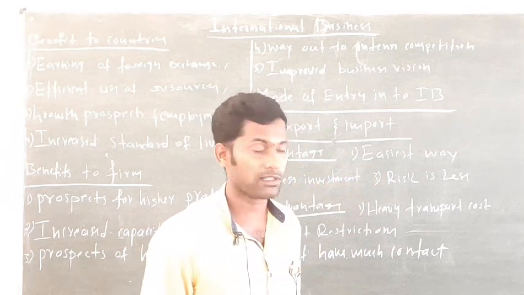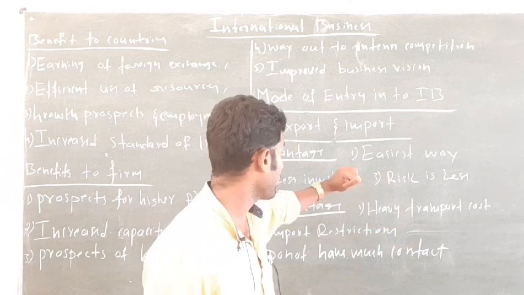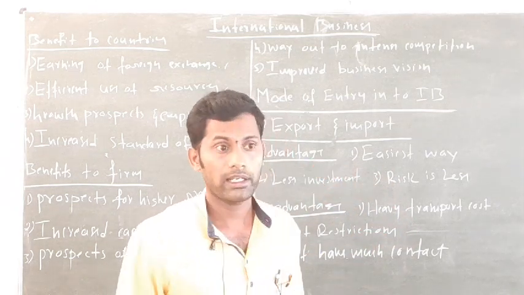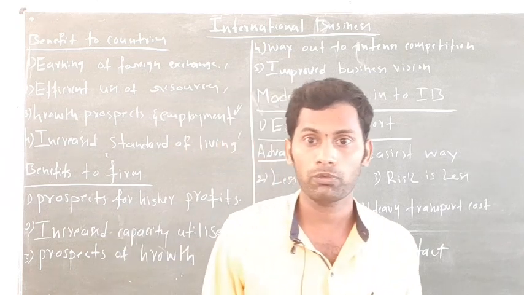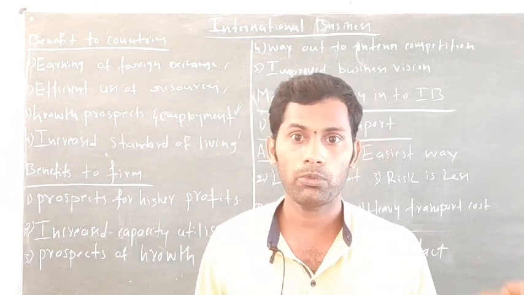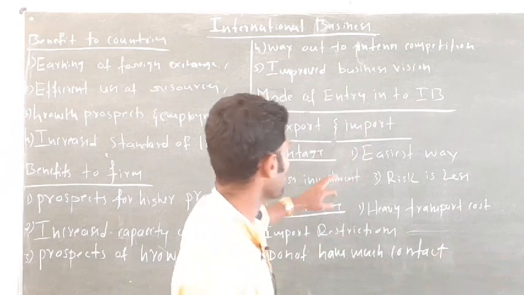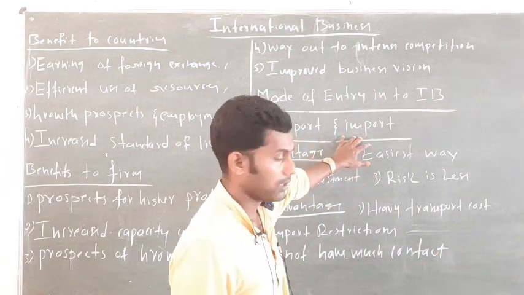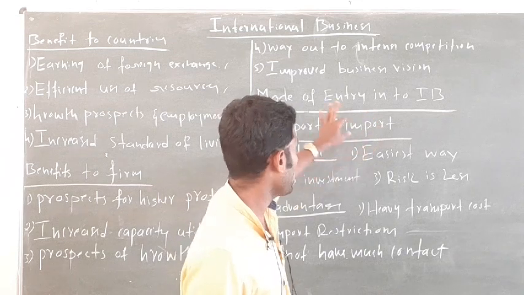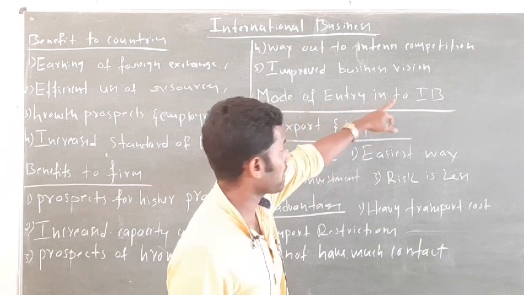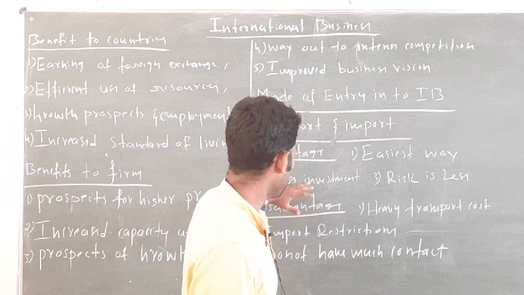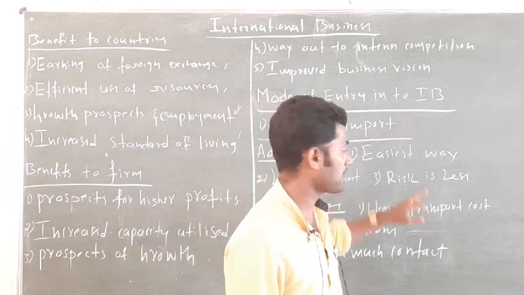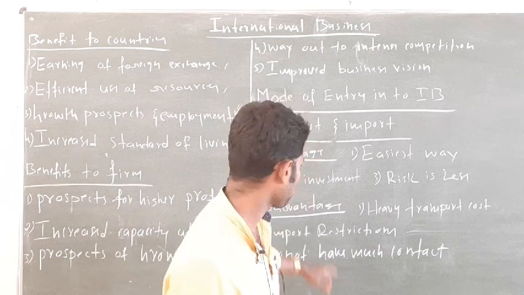In case of loss also, risk is very less because investment is very less. These are all the 3 advantages of export and import over the other 4 modes of entry. First one, easiest way. Then it needs very less investment, then risk is very less.